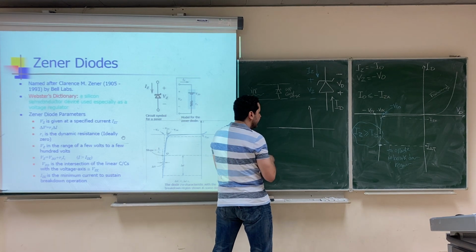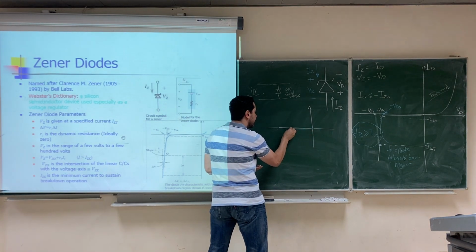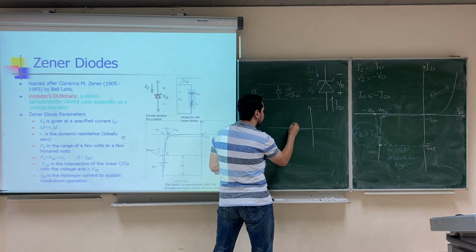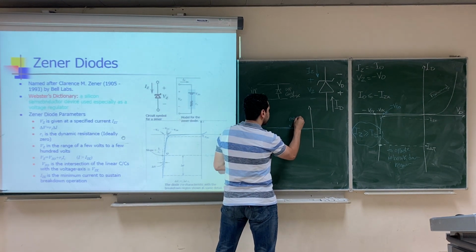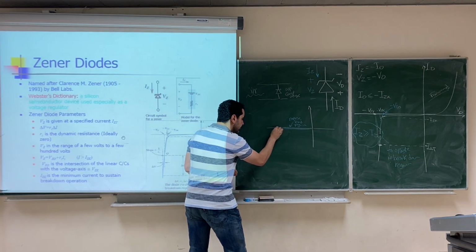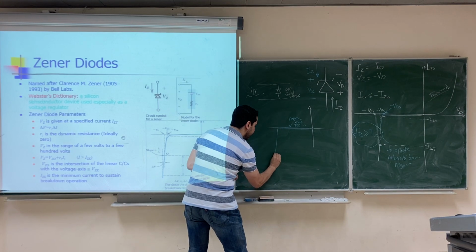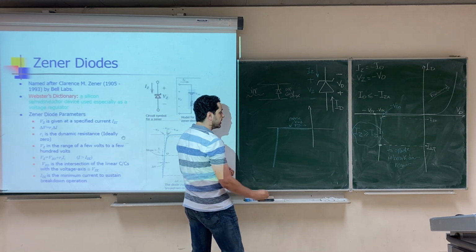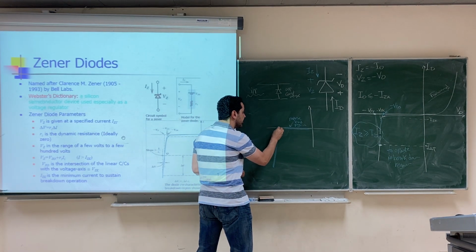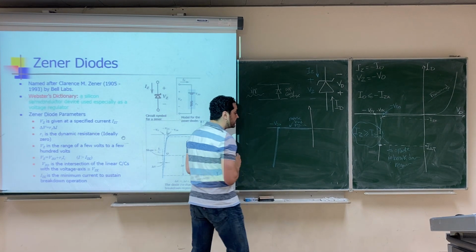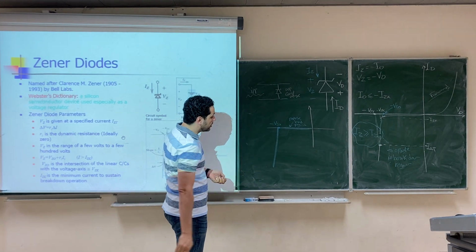In the reverse bias region, the current is completely zero. And then another linear relation that looks like this. This linear relation starts from the point negative VZO and then goes down with a certain slope.